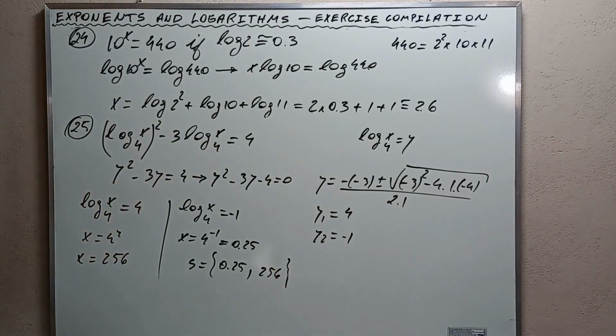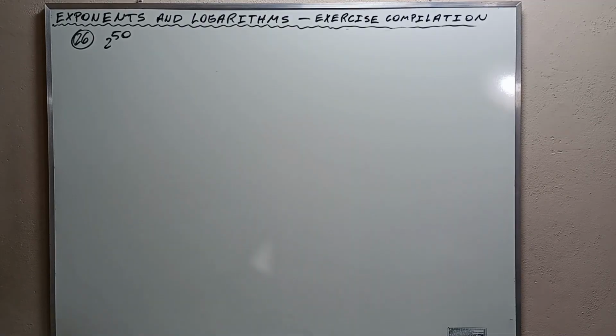Okay, my friends, this is the solution of exercise 25. Let's go to exercise 26. Exercise 26 now, my friends. How many digits does 2 to the power of 50 have? And to solve this question, we have to use this.